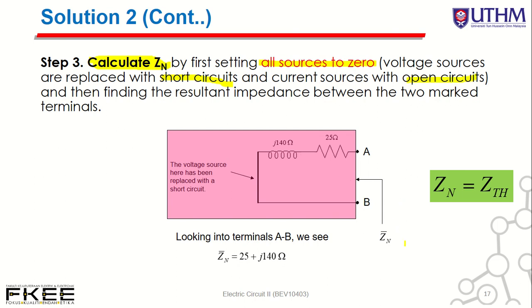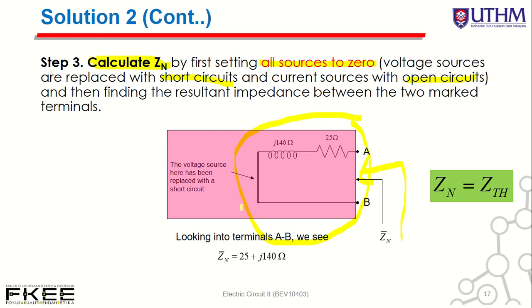How to determine Z Norton? Z Norton is actually seen from this point, A and B, looking into our box. In this case, Z Norton equals ZTH. Z Norton equals ZTH for this circuit.